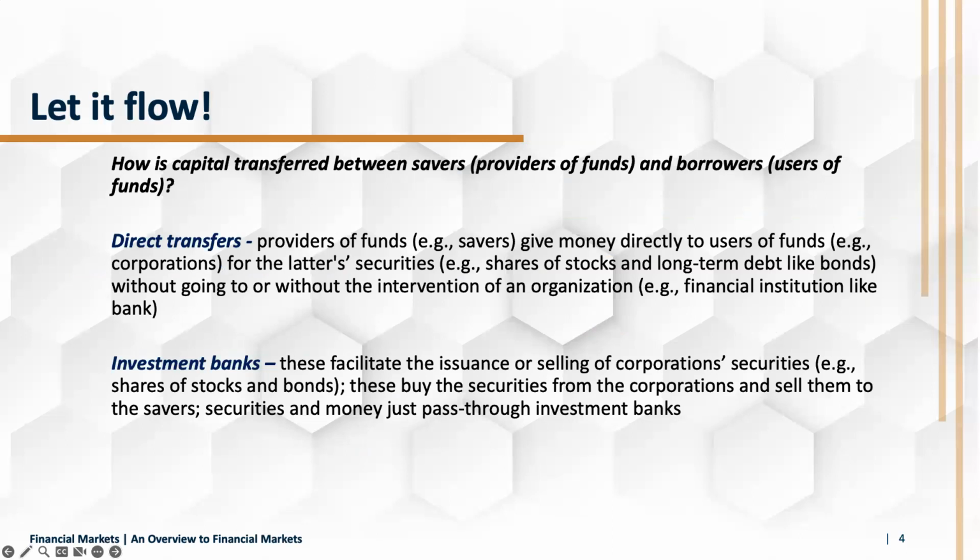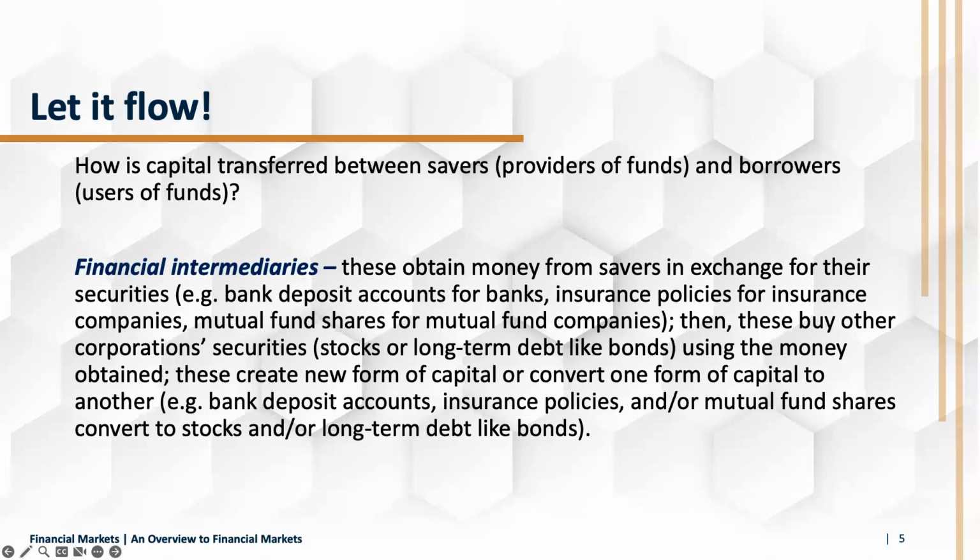Now, ano yung pangatlo? There's a third one. The third one being financial intermediaries. So, financial intermediaries will also obtain money from savers in exchange for their securities. But it will take another form. So how do these work?